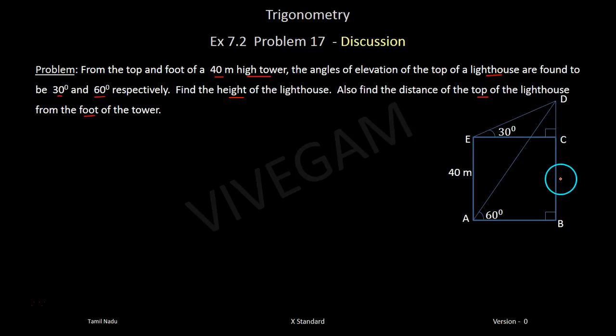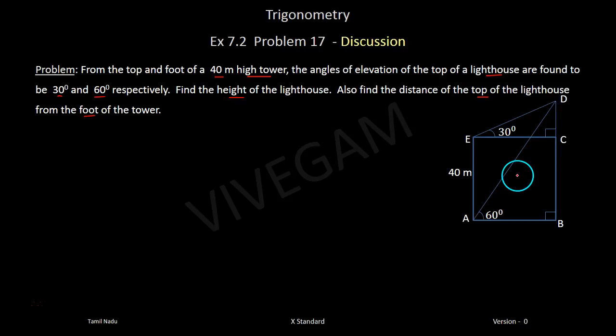Then another relationship is BC plus CD equals BD. But what is BC? BC is 40 meters. So 40 meters plus CD will be equal to BD. Using these two equations, you will be able to get the height of the lighthouse, BD.